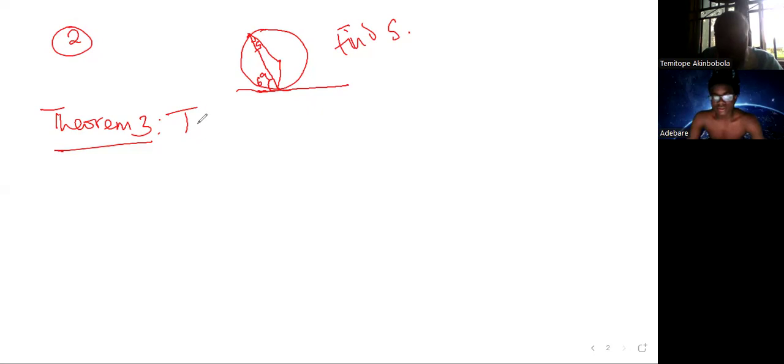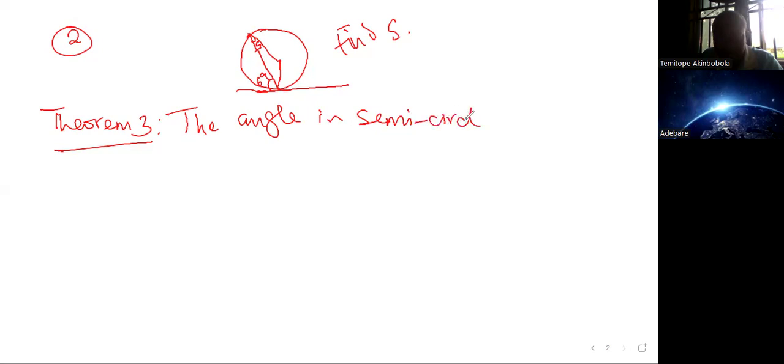Theorem 3 says that the angle in a semicircle is a right angle.